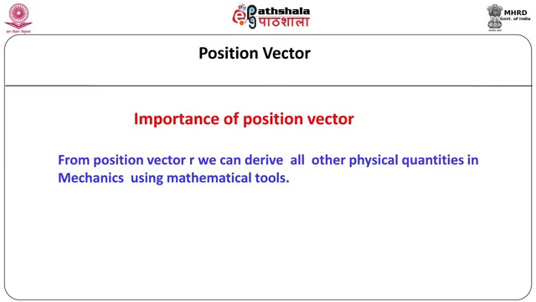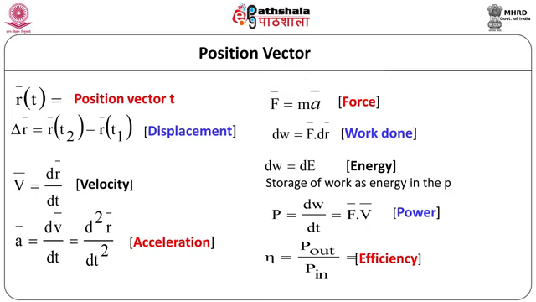The knowledge of the position vector of an object is very important in physics. From the position vector r, we can determine all other physical quantities in mechanics using mathematical tools. For example, if r bar of t is the position vector of a particle, then the time derivative of r bar gives velocity v.